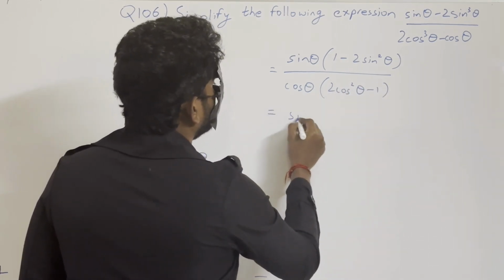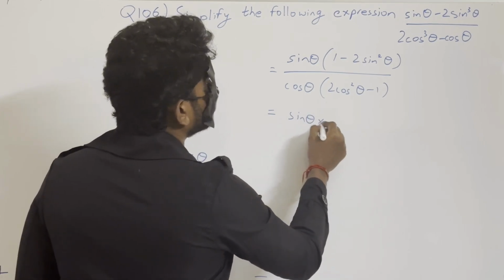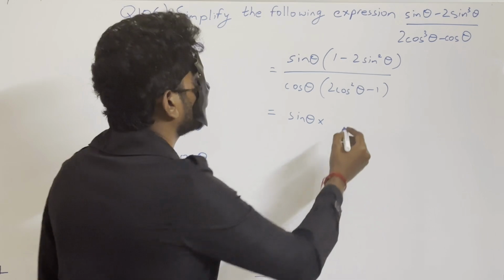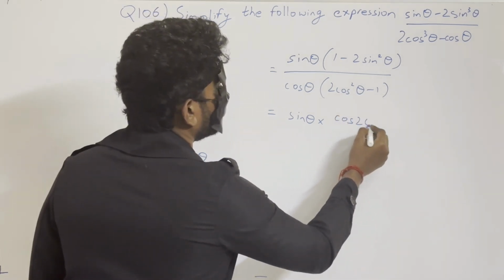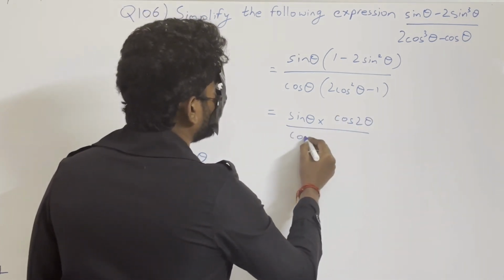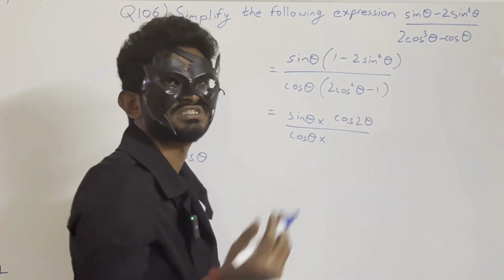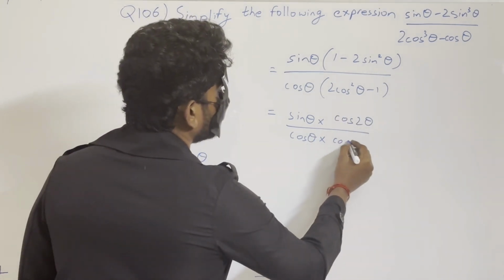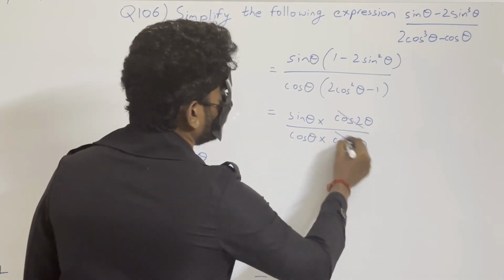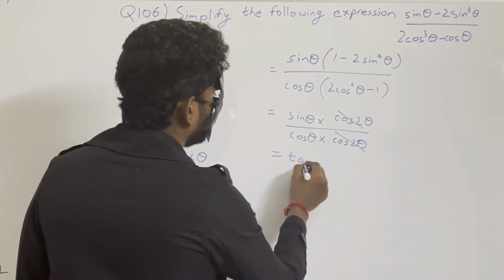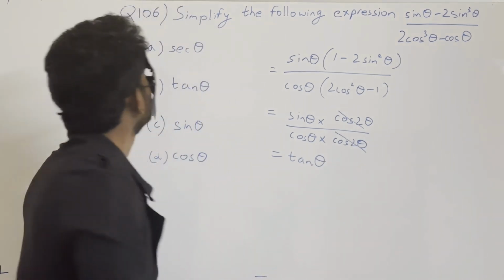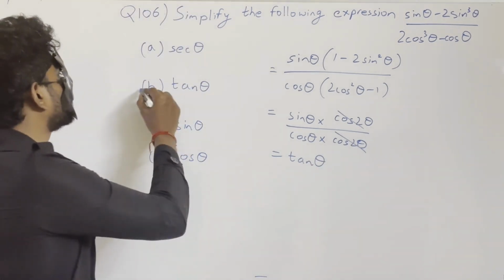I already taught you that 1 minus 2 sin square theta is cos 2 theta, and 2 cos square theta minus 1 is also cos 2 theta. So these two will get cancelled. This will be nothing but tan theta. So here option B is right.